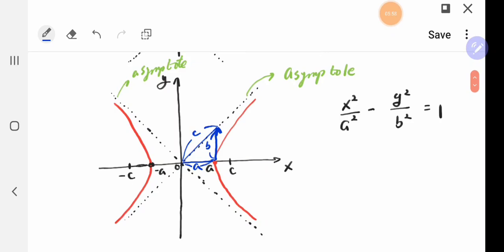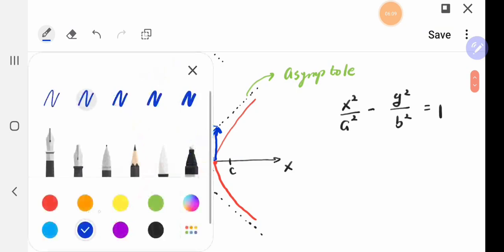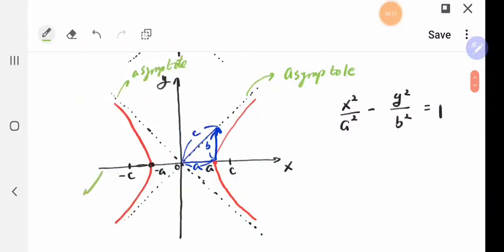Okay, the graph looks like an X. The x-axis that crosses the two vertices is called the transverse axis. The transverse axis is the horizontal line that passes through the two vertices, so the vertices always lie on the transverse axis.